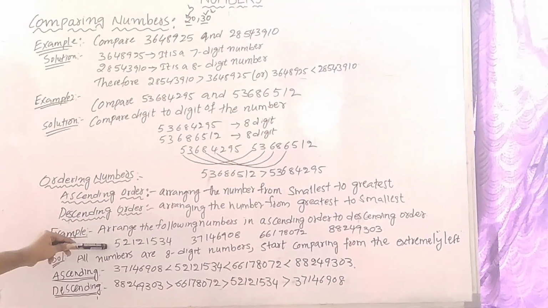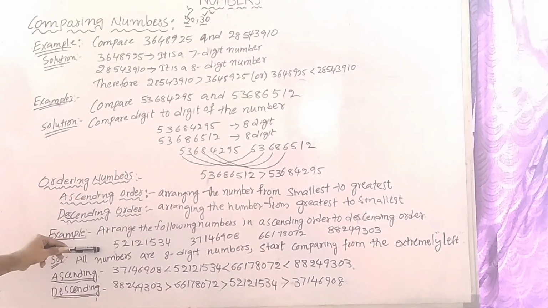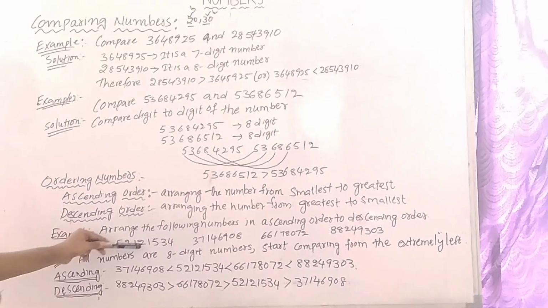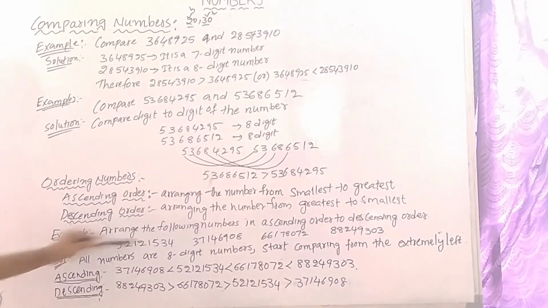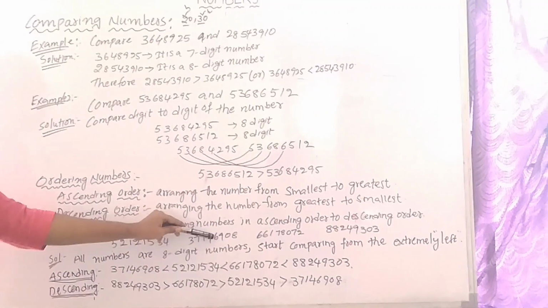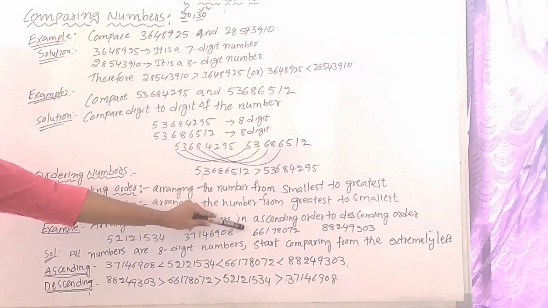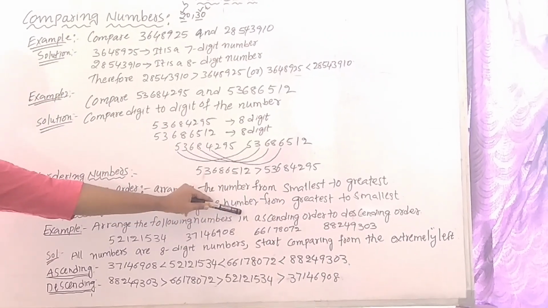Here some numbers are given. First we have to count digit by digit, to see which is greater and which is smaller. First, 1, 2, 3, 4, 5, 6, 7, 8. This number is an 8 digit number. This is also an 8 digit number. Next, this is also an 8 digit number.